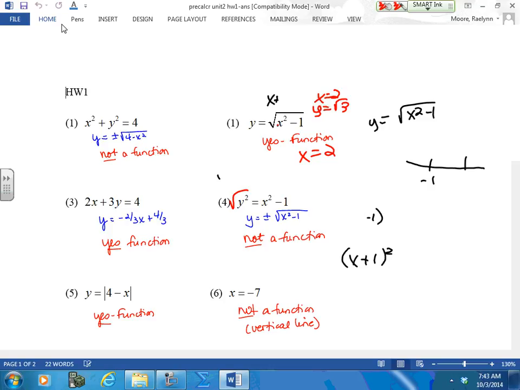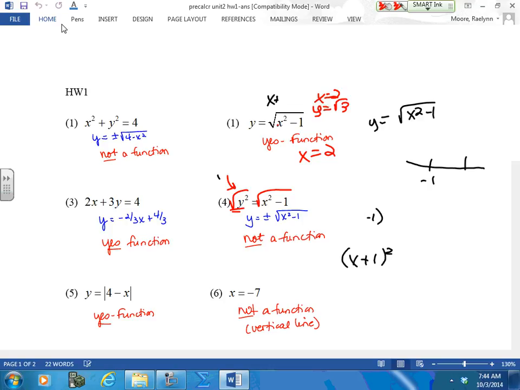Now, in this one here, here's a problem. You're going to take the square root of this. Oh wait, don't you not want square roots? So wouldn't you square that? No. You can have whatever you need in that equation. All we're checking for is: does every x have one and only one y? All we're checking for is is it a function. So you have to solve, remember yesterday's directions, for y equals.